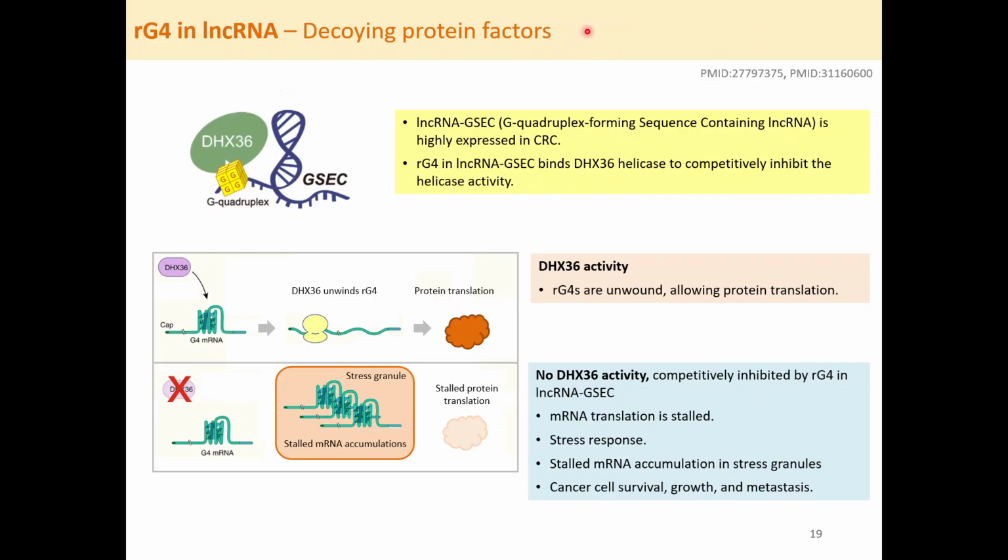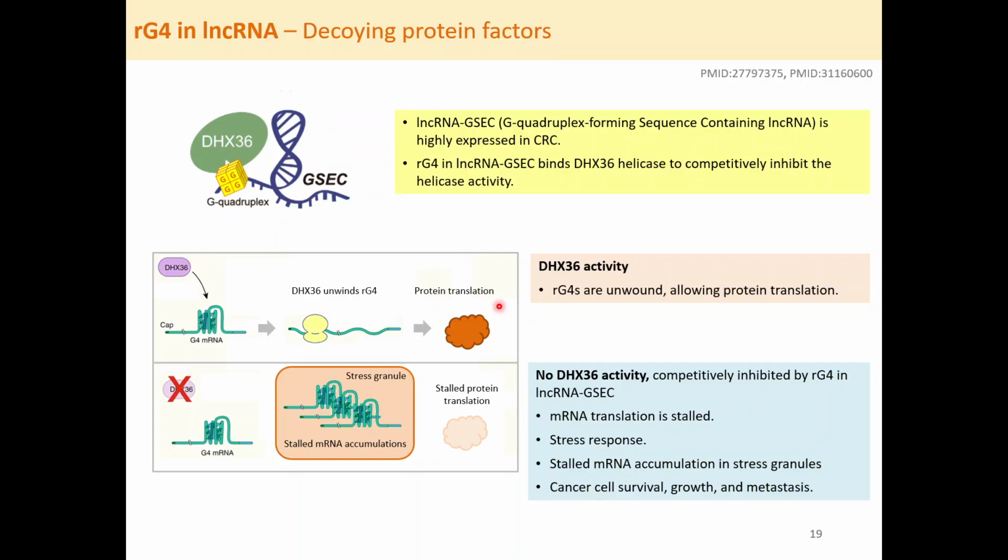Another mechanism of rG4 regulatory function is by decoying protein factors. For example, the rG4 in lncRNA G-quadruplex, which is upregulated in colorectal cancer, CRC, binds DHX36 helicase to competitively decoy the helicase away from its real targets. Normally, the RNA helicase DHX36 targets thousands of mRNAs, unwinds their rG4s, allows the ribosome to smoothly traverse the mRNA, and increases the mRNA translation.